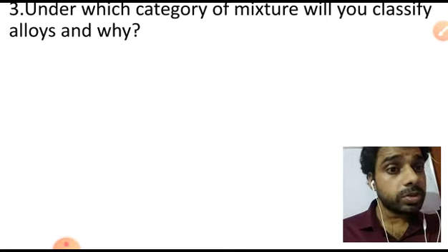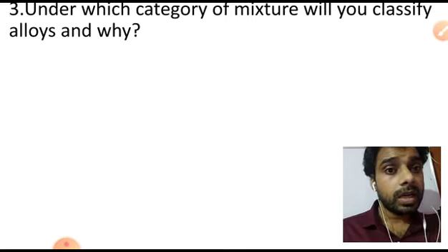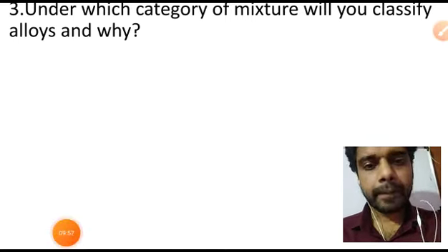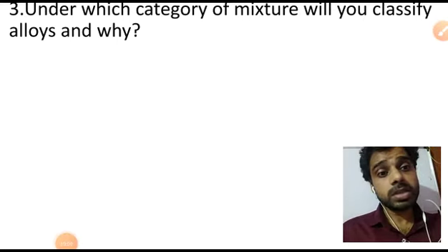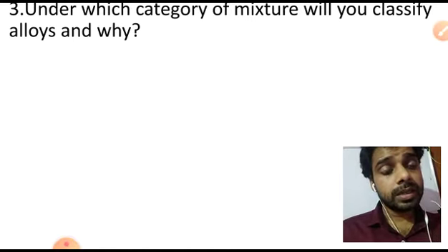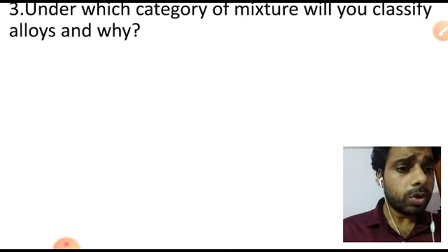If variable composition, then it should be called a heterogeneous mixture. But you cannot separate the constituent components of an alloy by physical methods, so it can be called a homogeneous mixture.